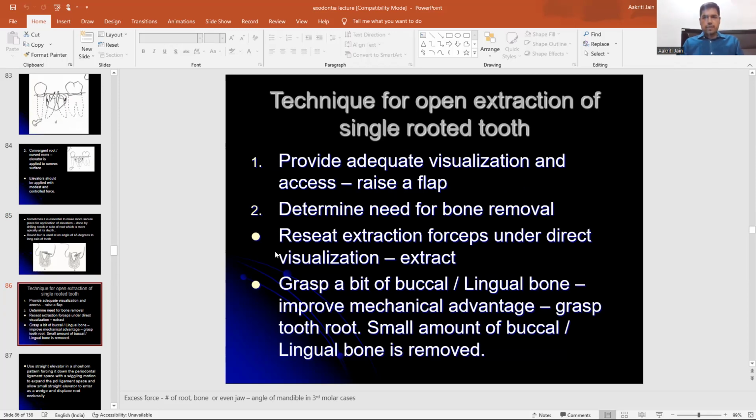Provide adequate visualization and access: raise a flap. Determine the need for bone removal. Reset the extraction forceps under direct visualization and grasp a bit of buccal and lingual bone. To improve mechanical advantage and grasp the tooth root, a small amount of buccal and lingual bone is removed.